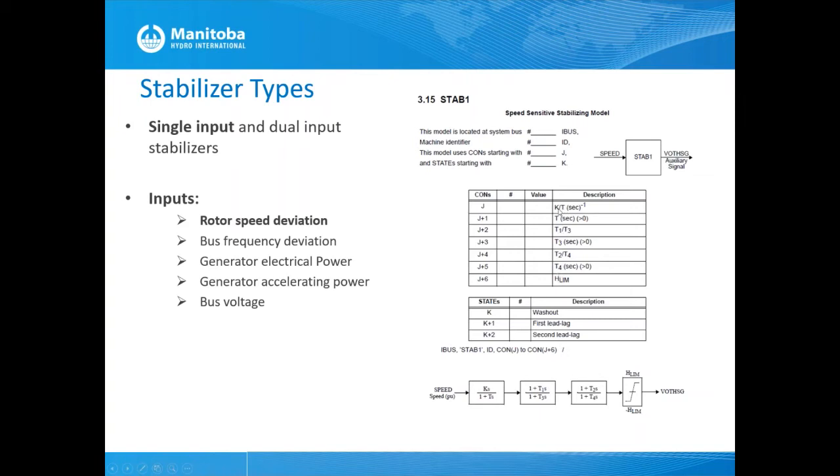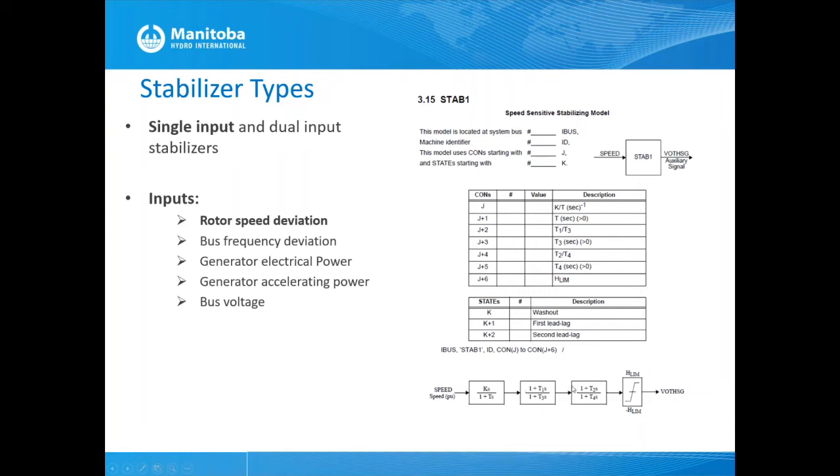So the gain, and the time constant for the block here. This is called a washout filter. The idea of this washout filter is to only pass high frequencies to the stabilizer, so that any slow changes happening in the power system are not passed to the stabilizer.